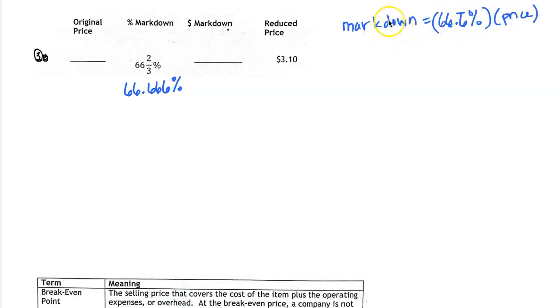Notice that here I don't know my markdown dollar amount, that's unknown. We also don't know the original price, that's unknown. So here we have too many variables to solve this equation.